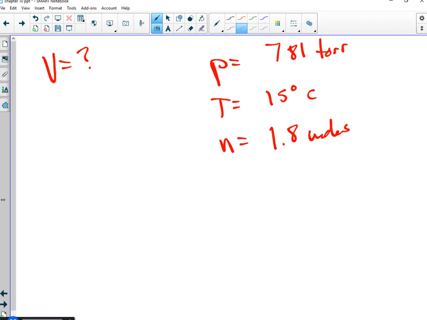All right. So now, there is a conversion factor that you need to know, and it's not bad, but you need to know for this problem that 1 atm, which is 1 atmospheric unit of pressure, is equal to 760 torr.